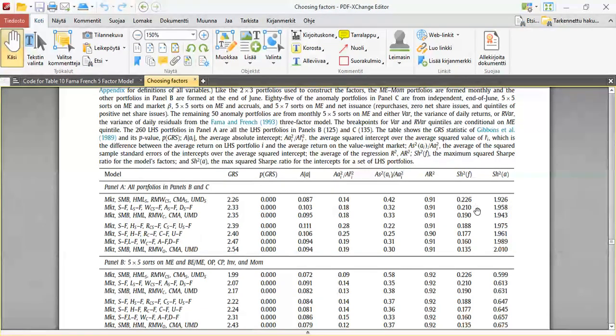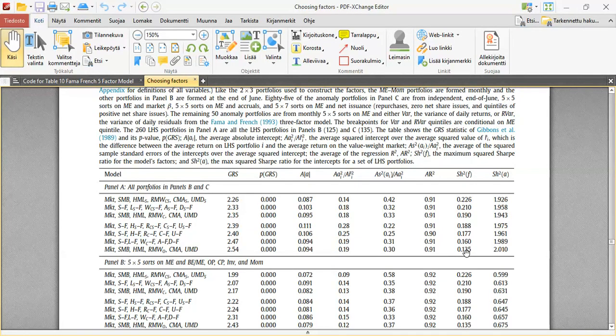0.226. Using a 6-factor model that uses all stocks and cash profitability produces a maximum squared Sharpe ratio of 0.190. Whereas a 6-factor model that uses all stocks and operating profitability produces a maximum squared Sharpe ratio of 0.135. So the maximum squared Sharpe ratio decreases linearly from model 1 to the last model.